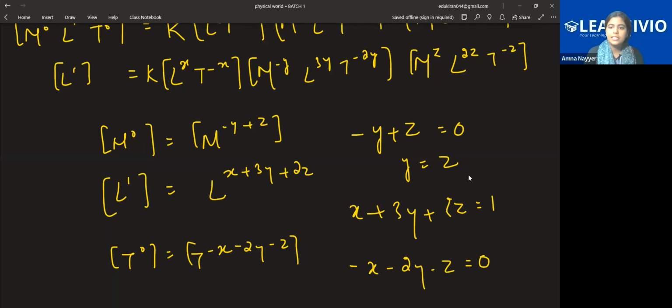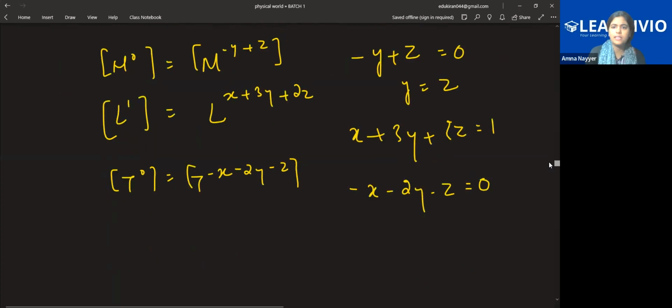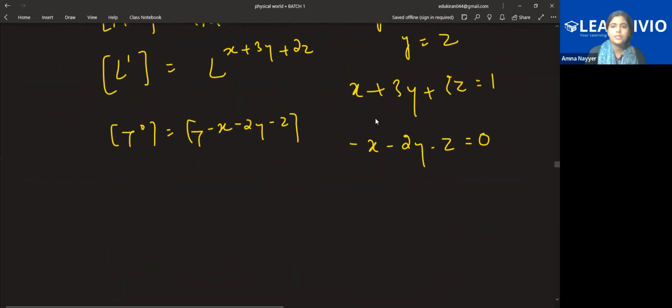Fine. So what you can do, you can replace y here. If y is equal to z, you can replace y here. So this would become x plus 3y plus 2y is equal to 1.